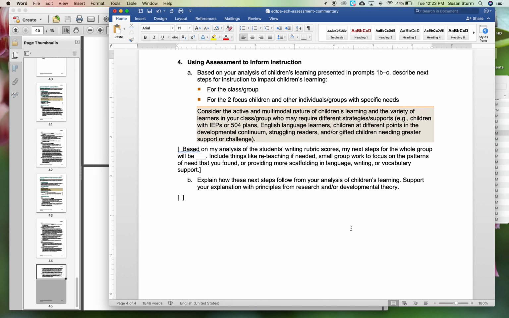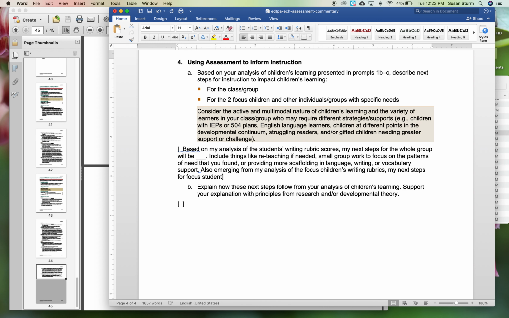Okay. So then after you talk about the whole group, you say: also emerging from my analysis of the focus children's writing rubrics, my next steps for focus student number 1 would be, and list off your next steps.